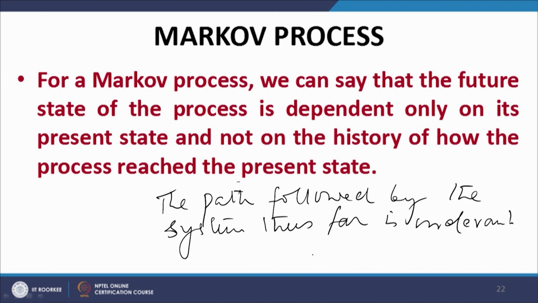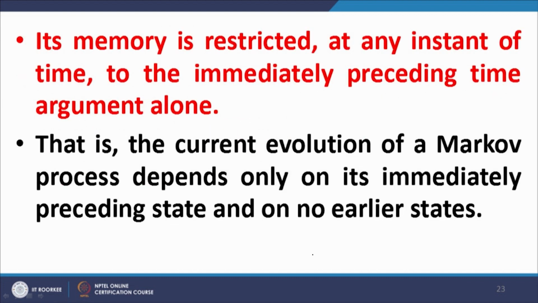It is only the current value which is relevant for knowing which of the possible values the system could take in the next step. Its memory is restricted at any instant of time to the immediately preceding time argument alone. So, what it is going to do at t equal to 1 will depend on where it is at t equal to 0 and not earlier. That is, the current evolution of a Markov process depends only on its immediately preceding state and no earlier states.